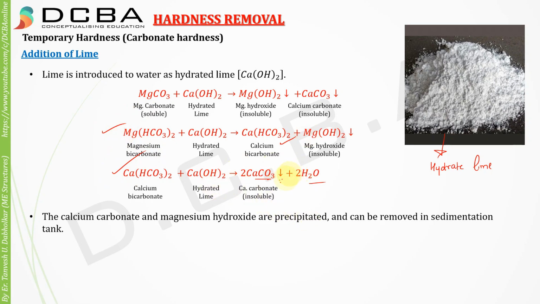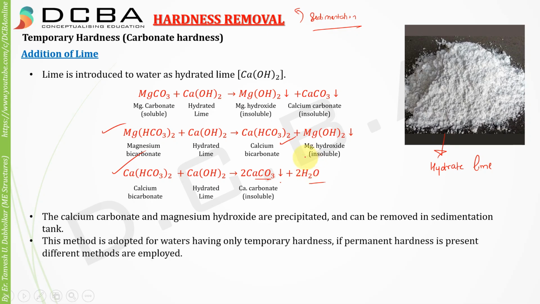As I already told you, this hardness removal has to be done prior to sedimentation, so that when the water goes into the sedimentation tank, all these are precipitated in the sedimentation tank itself. This method is adopted for waters having only temporary hardness, but if permanent hardness is present, we obviously cannot use addition of lime.